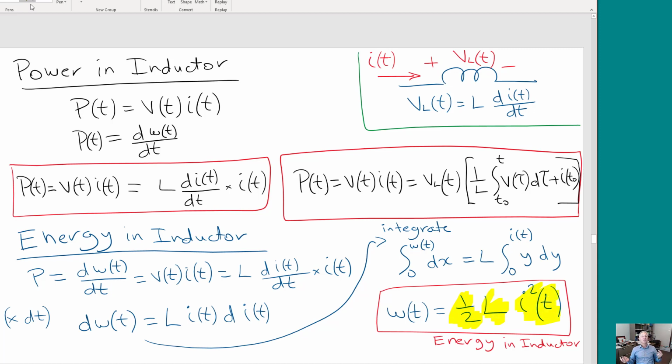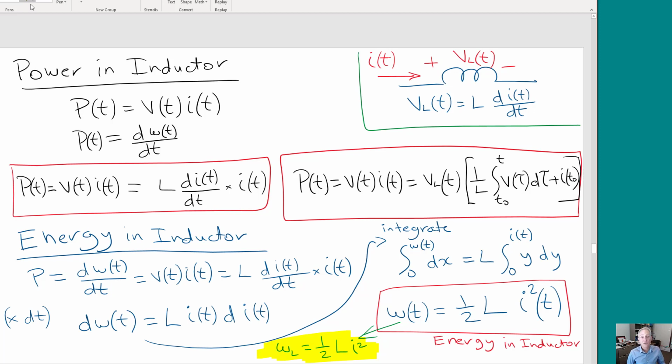And remember, the energy in a capacitor was 1/2 CV squared. For an inductor, it's 1/2 Li squared. Very useful relationship. And then we could write it in a more simplified form like this. Energy is equal to 1/2 Li squared.